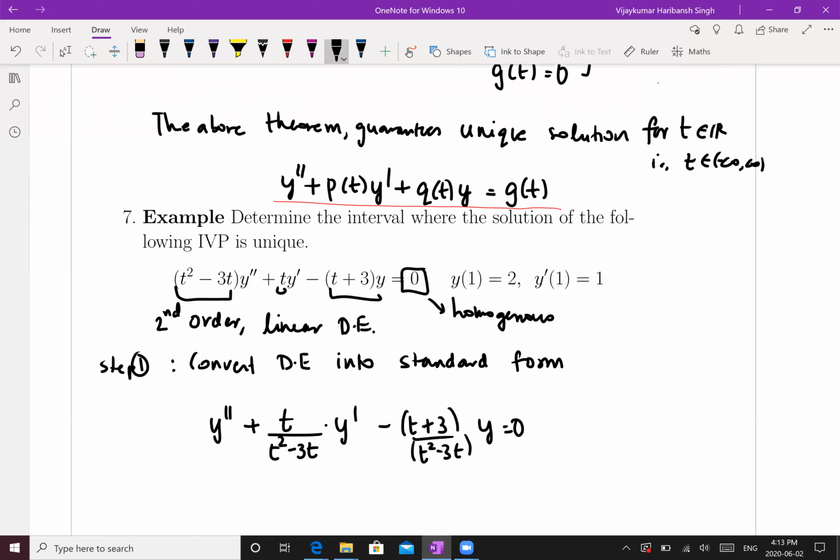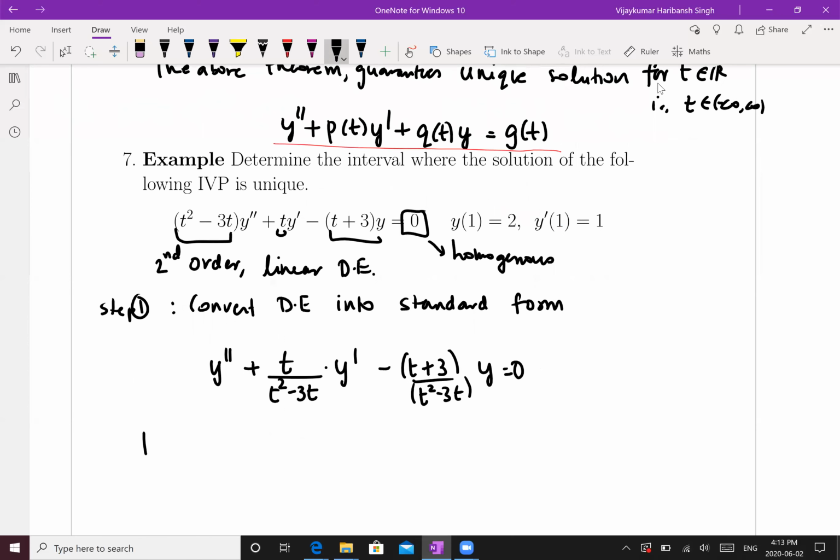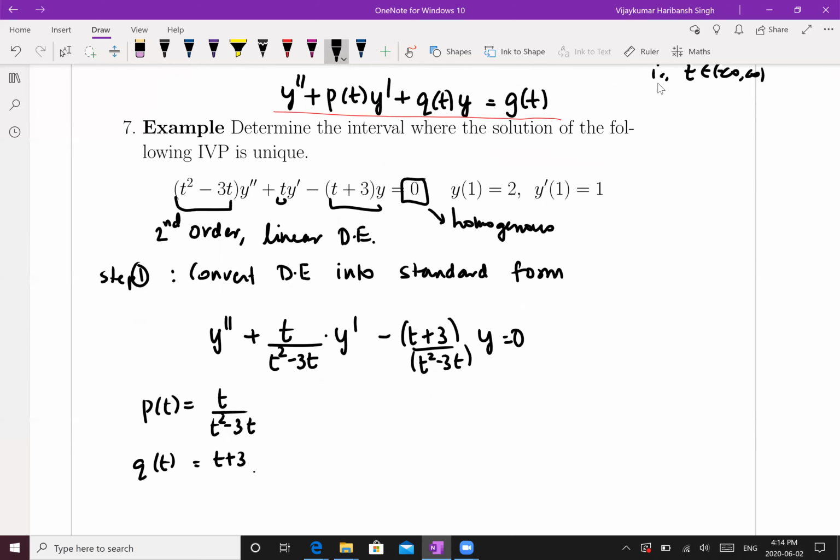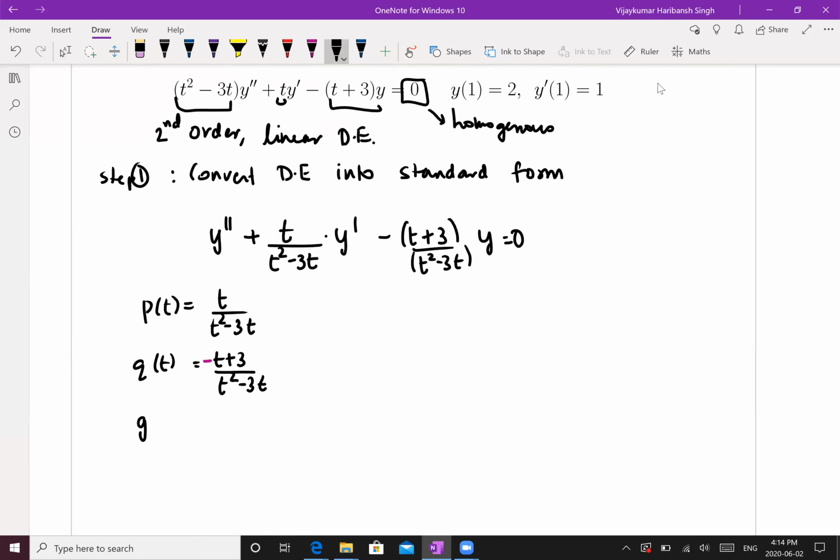Now what do we get? p(t) and q(t). p(t) is t upon t squared minus 3t, and q(t) is t plus 3 upon t squared minus 3t with a minus sign. And g(t) is 0.